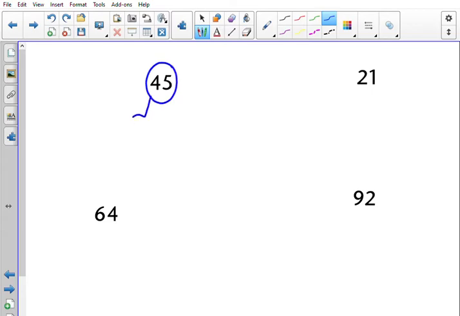And exactly the same way as I partitioned using my tens and ones, I'm just going to draw a part-whole model there. And looking at the number 45, it has 5 ones and it has 4 tens. But instead of just writing the number 4, I'm going to write 40. Because 4 tens is 40. And I want to represent that.